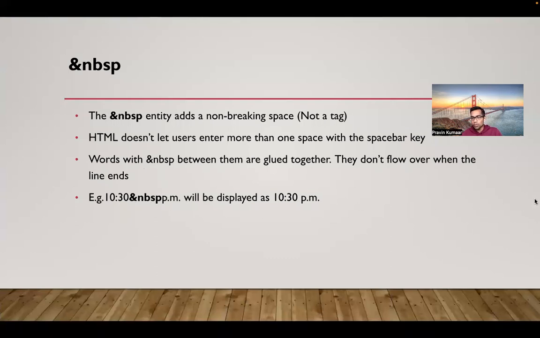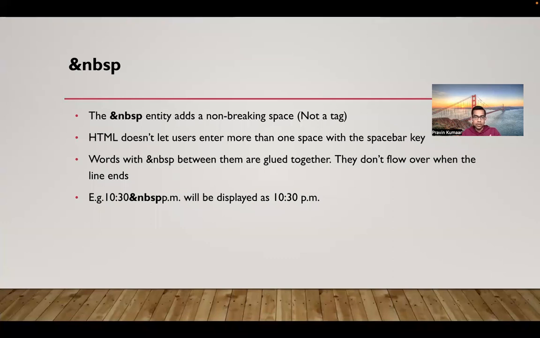So when it's rolling over the web page and it splits the characters, it would split into 10:30 here and PM in the start of a new line after the end of the line, which is ideally not what we want. We want 10:30 p.m. in one go. It's one single character, even though it has a space in between.